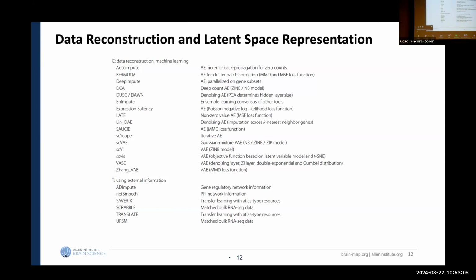In the last segment, we'll talk about some variational approaches to data integration. You don't have to write these down. They're in the slides. You can look them up and check them out.